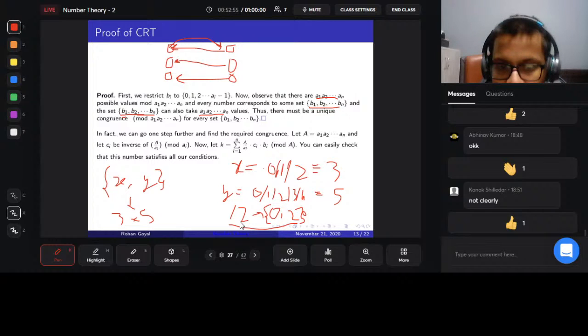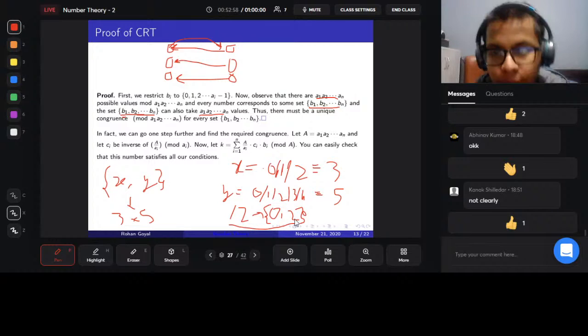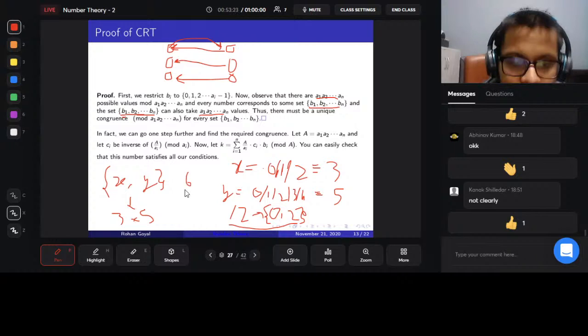Now, the number of these values and the number of such sets is equal, because both of them are A1 A2 An. We have shown that they are equal in size, and we have an injective function here. This is injective because everyone is going to a unique value. No two numbers, for example 6 and 12, go to the same set: 6 goes to 0 comma 1.